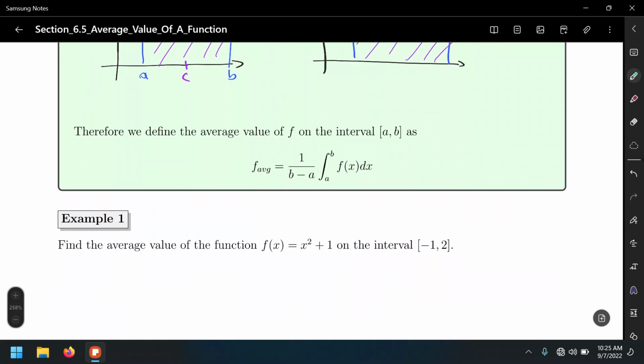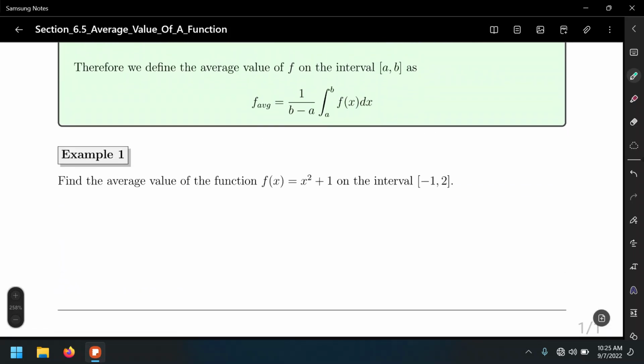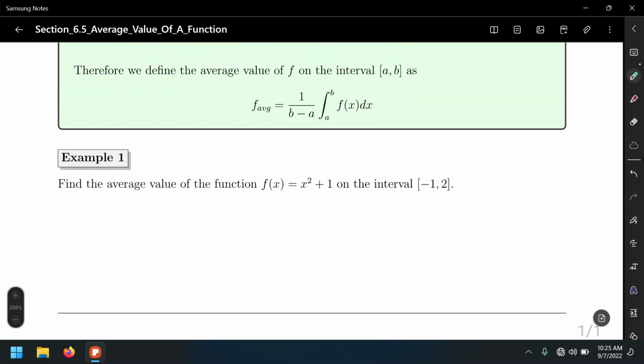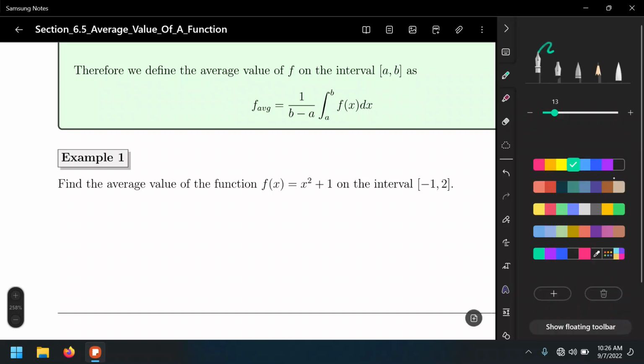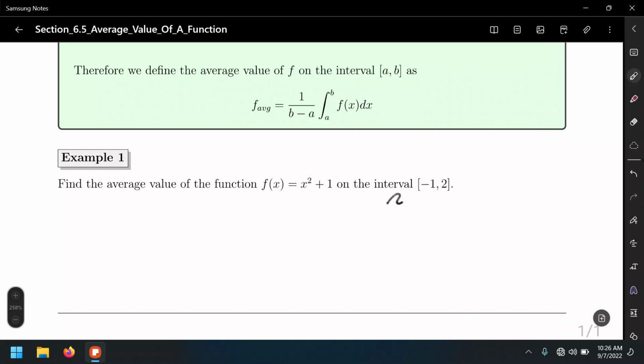So let's look at one example, a very brief example. Find the average value of the function f of x equals x squared plus 1 on the interval -1 to 2. So number one, how about we graph the function? Okay, so the graph of f of x equals x squared plus 1 is that of a parabola shifted 1 unit up.